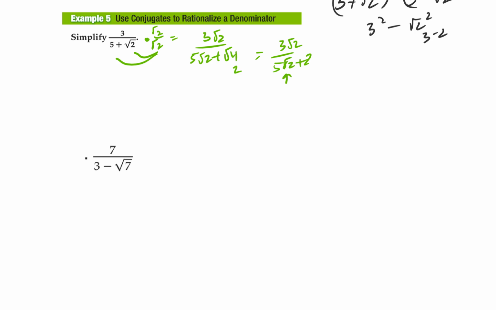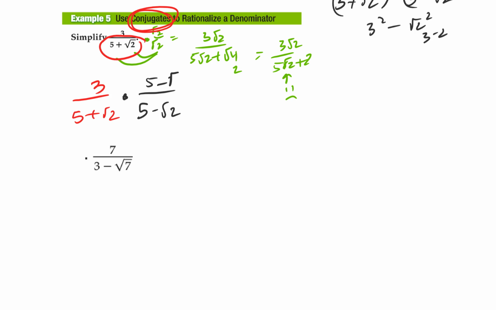I still have a radical on the bottom. It's not going to work. So what we do here when we have a binomial on the bottom is we use the conjugate. So you have 3 over 5 plus rad 2. We're going to multiply by the conjugate, which is going to be, all you're going to do is change the middle sign, so 5 minus rad 2.